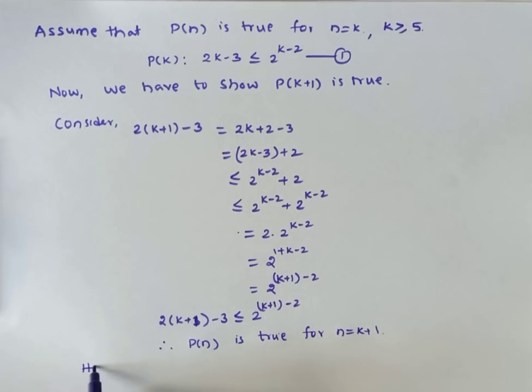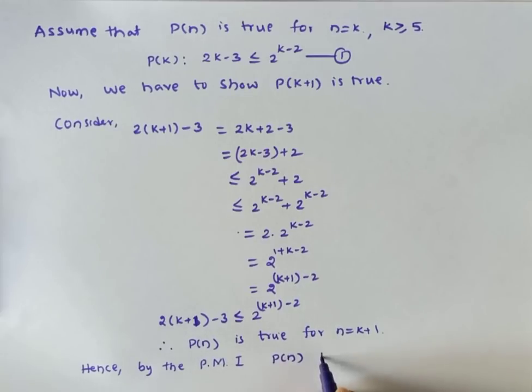Hence, by the principle of mathematical induction, no need to mention the modified principle of mathematical induction, simply you can write principle of mathematical induction. The given statement, that is P(n), is true for all n greater than or equal to 5.